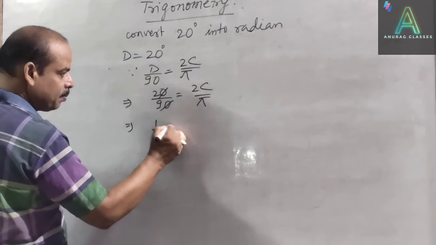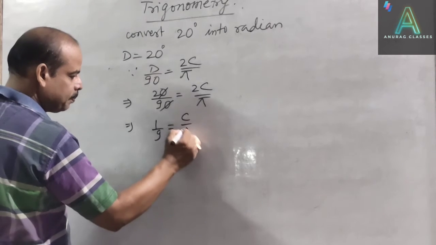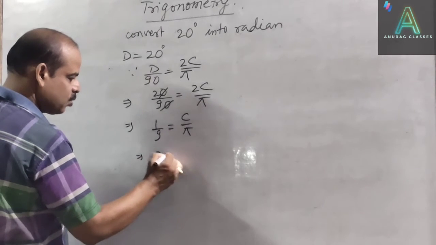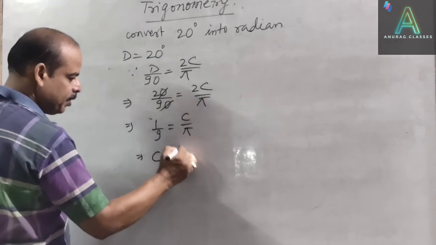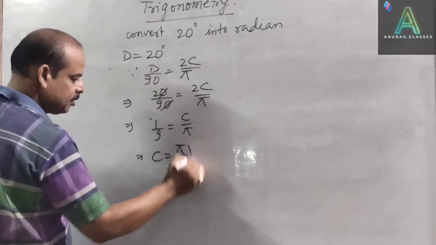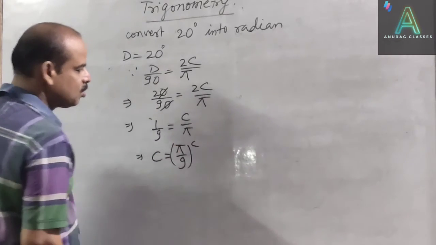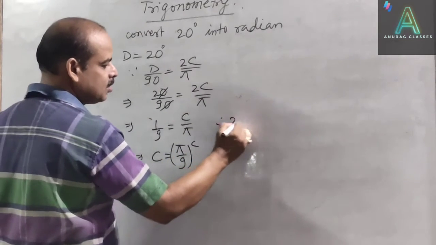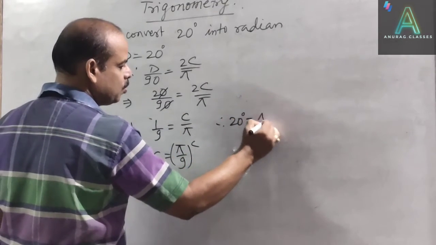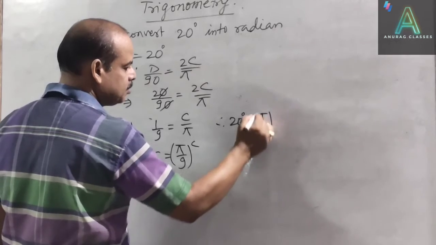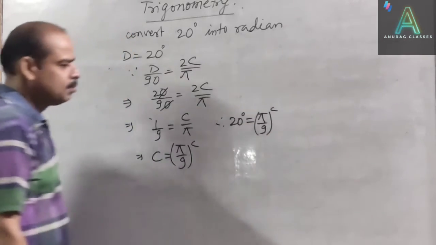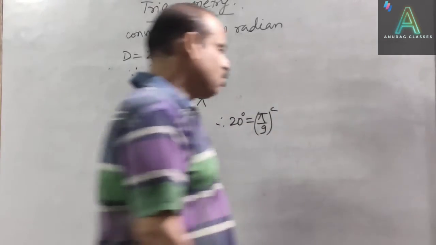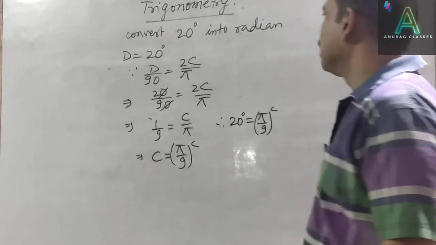Then it will be 1 by 9 is equal to c by pi. So c is equal to what? It will be pi by 9. So we have converted 20 degree into radian as 20 degree is equal to pi by 9 radian. Very easily you can change from one system to another.